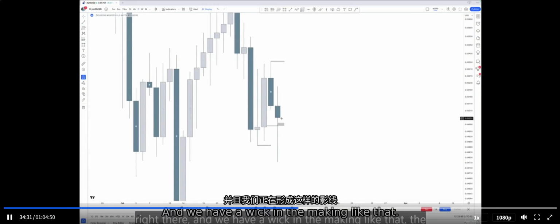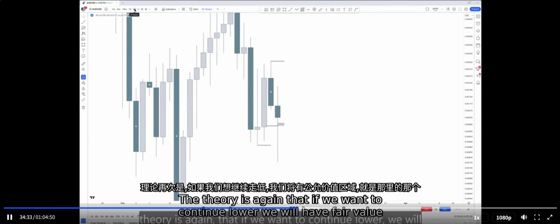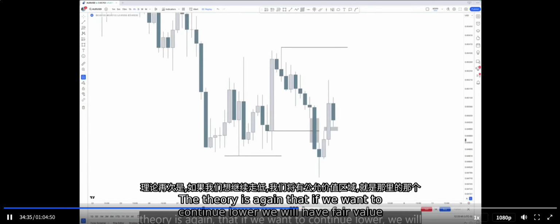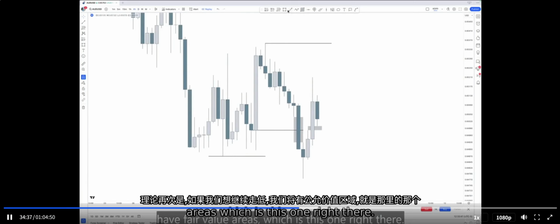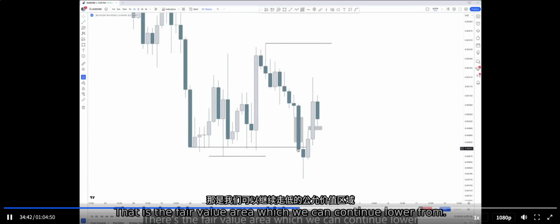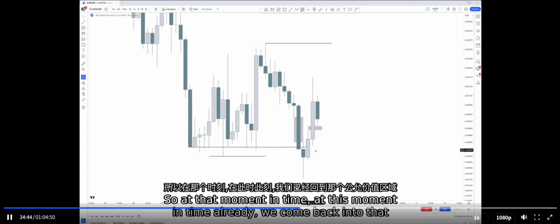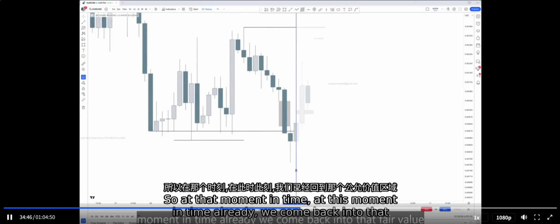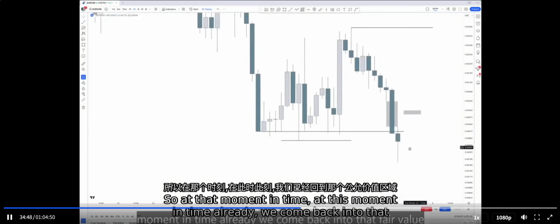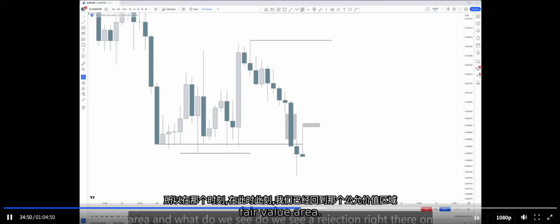Now, looking at this price action more in depth, once we come below this low as well, sitting right there, and we have a wick in the making like that, the theory is, again, that if we want to continue lower, we will have fair value areas, which is this one right there. That is the fair value area, which we can continue lower from. So at this moment in time already, we come back into that fair value area.